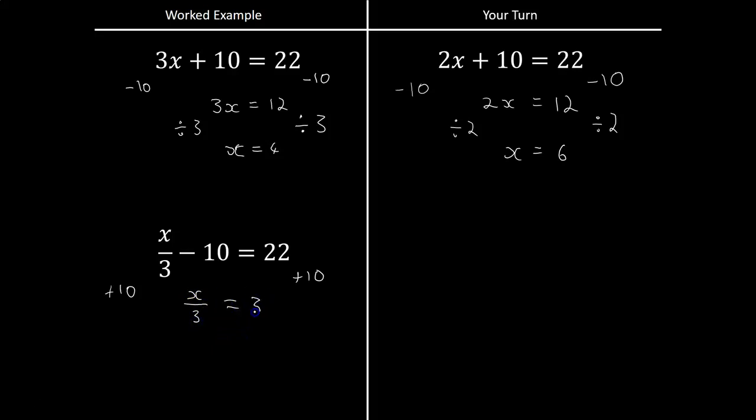My right-hand side, I get 32. I've now got x divided by 3. The inverse of dividing by 3 is multiplying by 3. So I get x equals 96. Pause the video now while you have a go at this question.